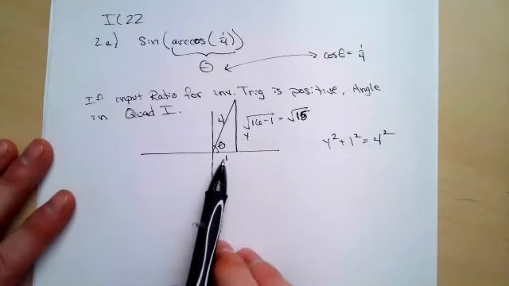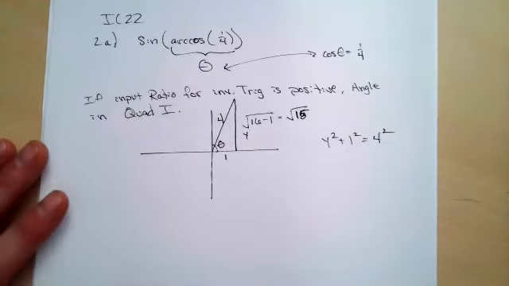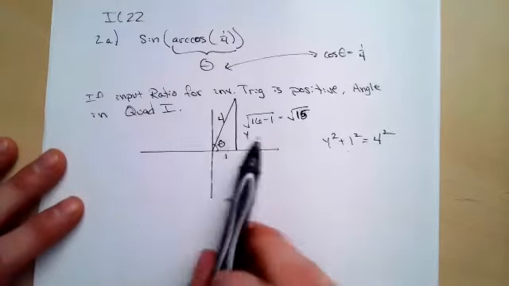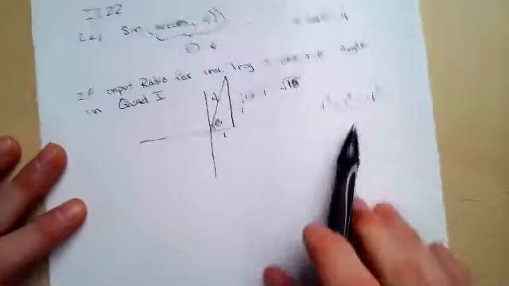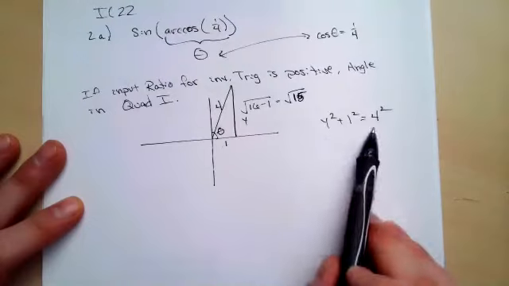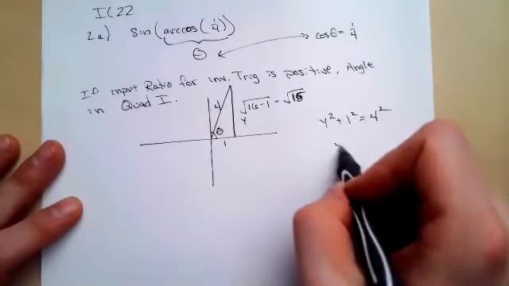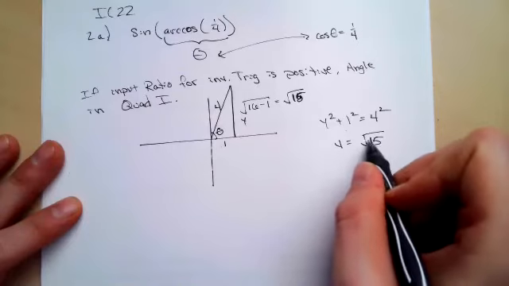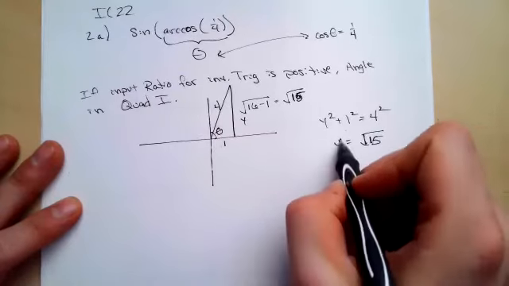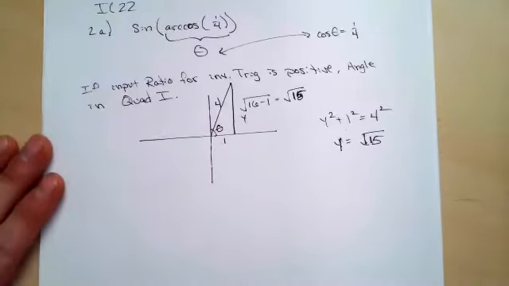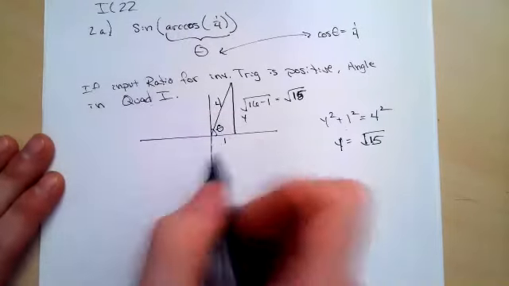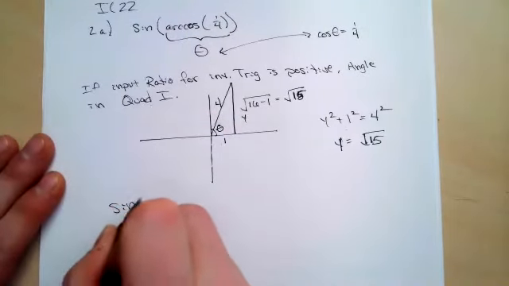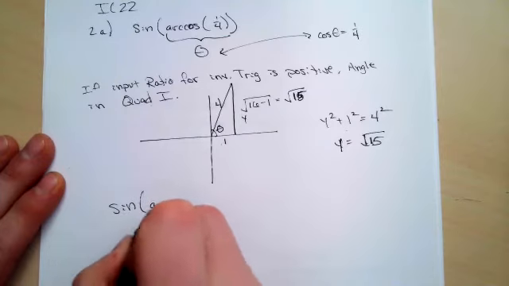Sometimes students will do 1 squared plus 4 squared, and you'll end up with like a square root of 17. Just be careful of how you're labeling it. And if it helps, always write out the full equation. Y squared plus 1 squared equals 4 squared. And then you can do the mental math if you can. So y is square root of 15. And now what are we trying to compute? Sine of that angle.